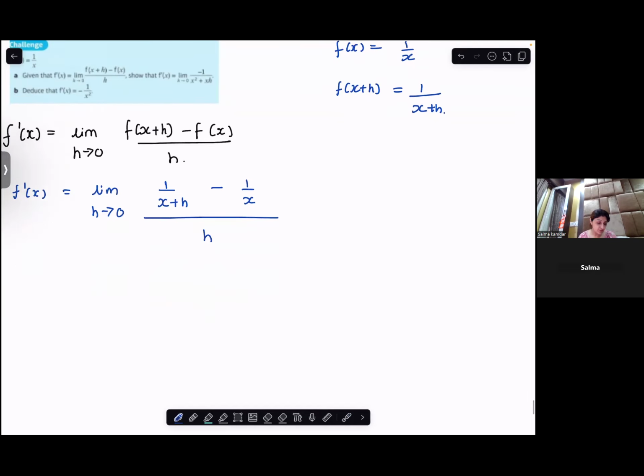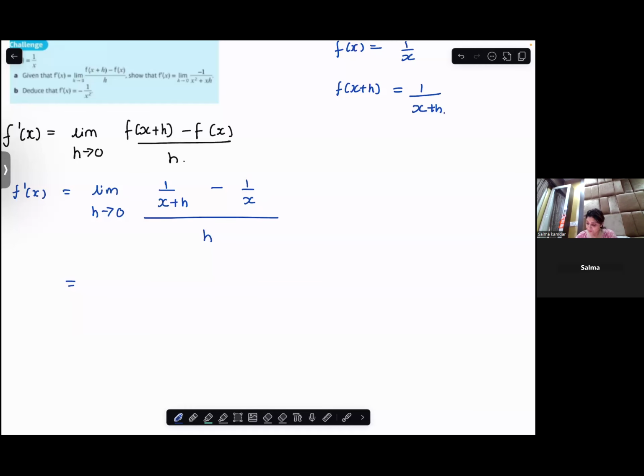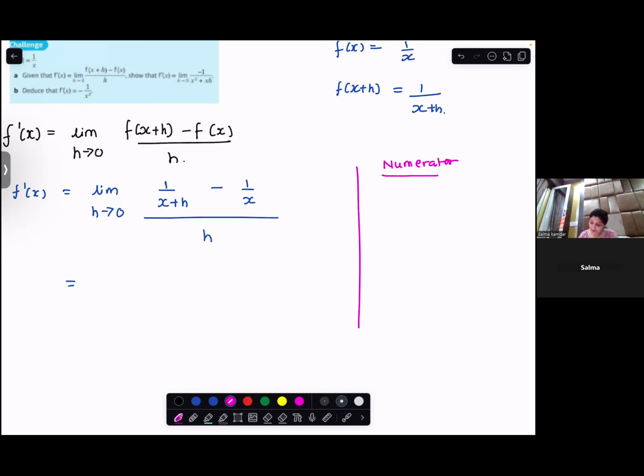Okay, now I'm going to combine the factors in the numerator and the denominator. So first, on the side, I'm going to work out the numerator so it becomes easier for me, and for y'all as well. So my numerator is 1 over x plus h minus 1 by x.